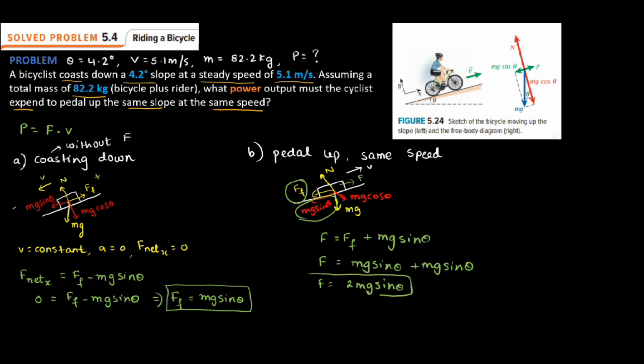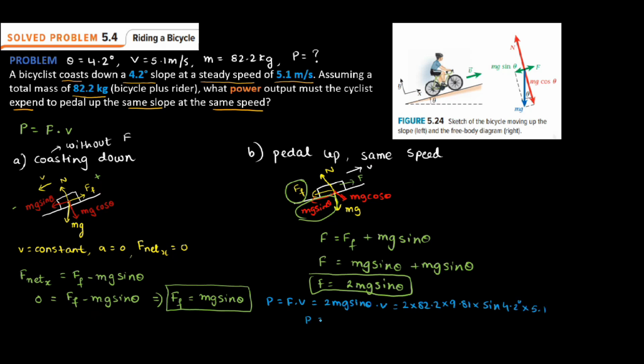And once I get my value of force, I can calculate the power. Power P is F times v. So 2 times mg sine theta times v. Then we substitute 2 times 82.2, g is 9.81, sine 4.2, times v, which is 5.1.